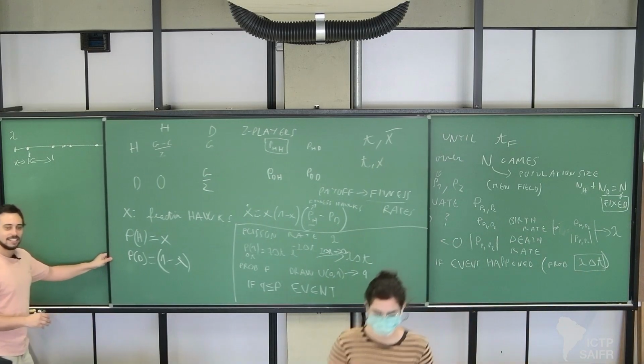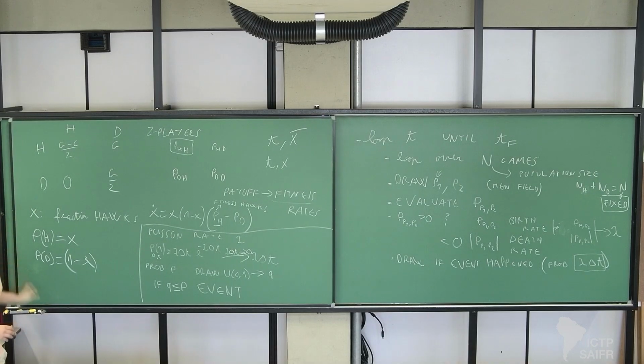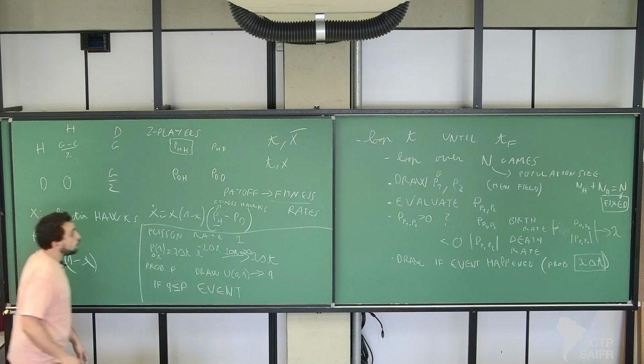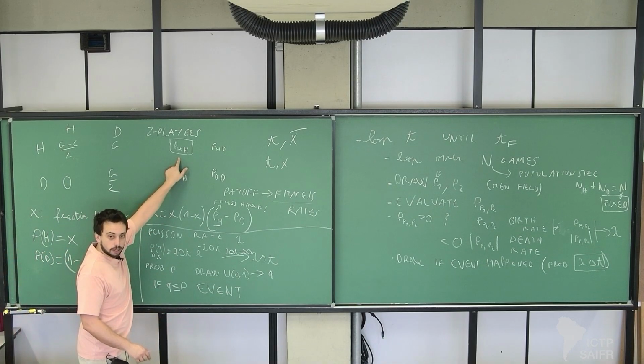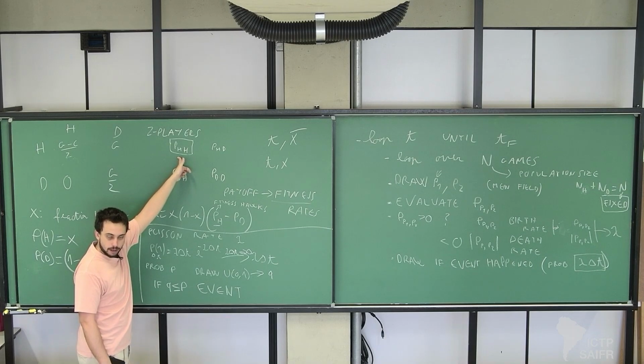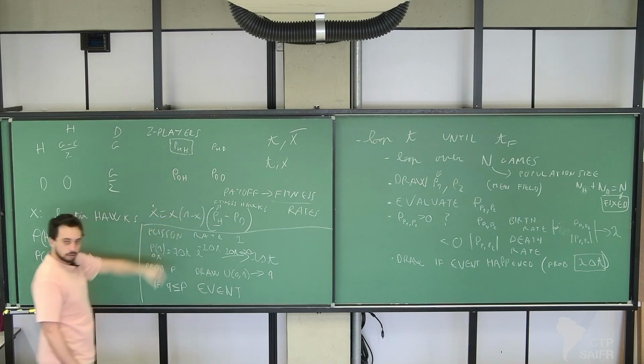So we can hide this. The payoff relates only to the payoff of player one, or not? No, you draw player one and player two, and then you take the matrix entry. Yes. Okay.